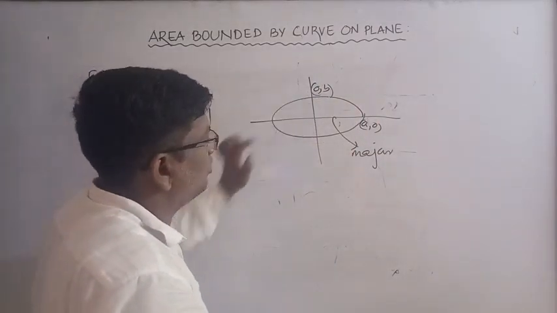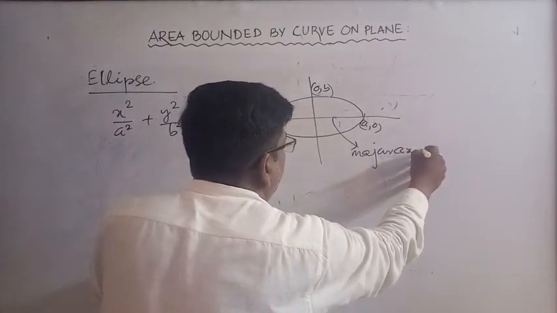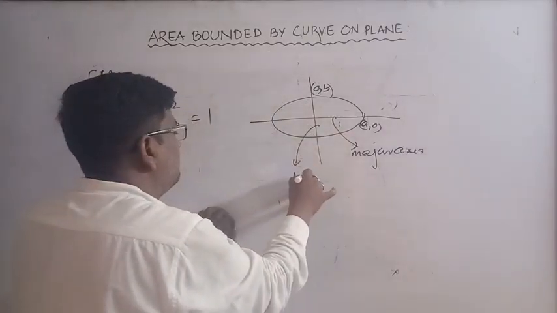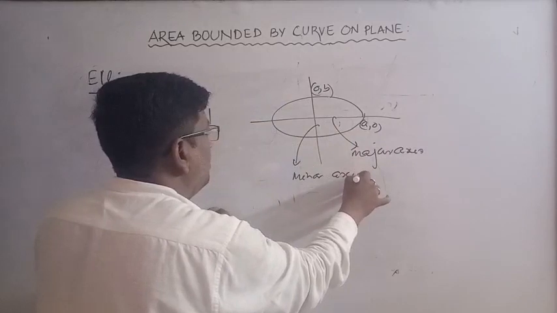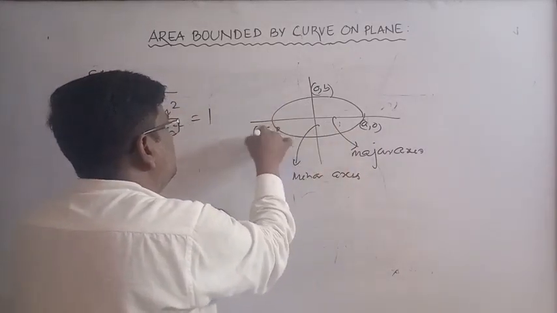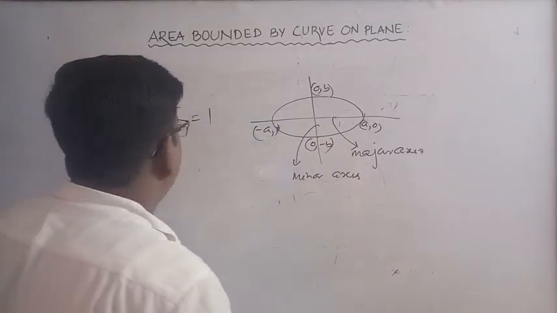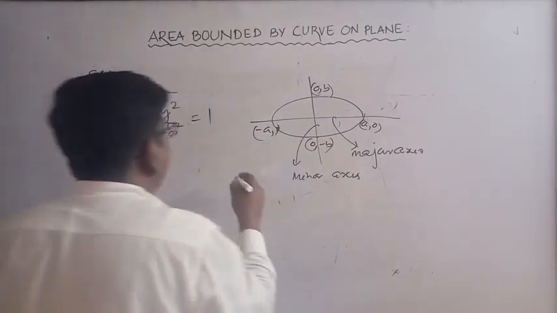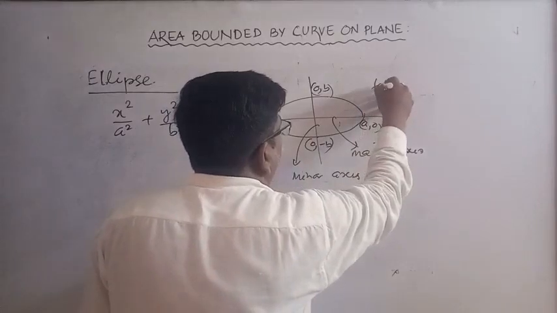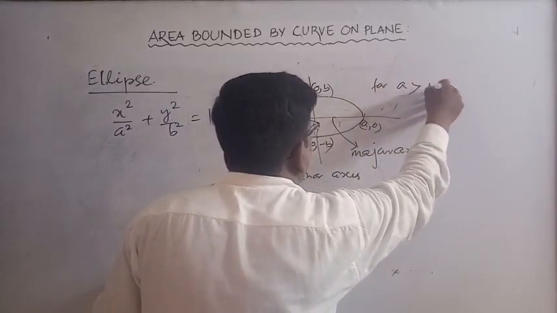The larger axis is called the major axis, and this is the minor axis. This point is (minus a, 0), and this point is (0, minus b). This graph is for a greater than b.